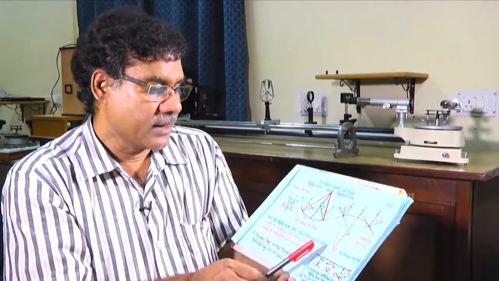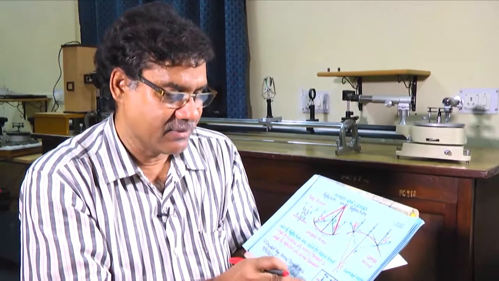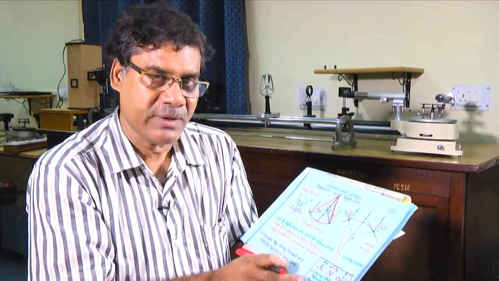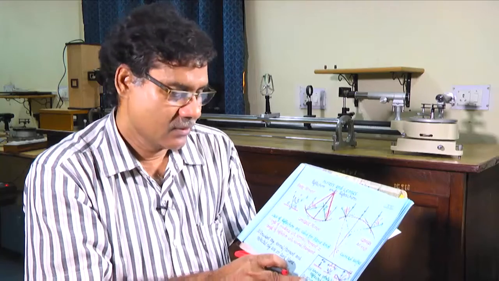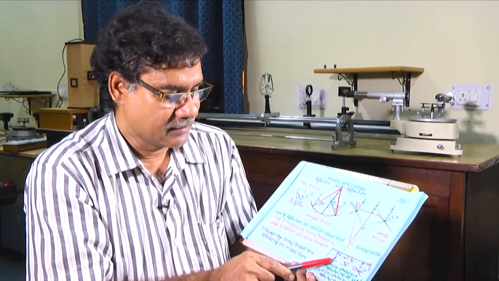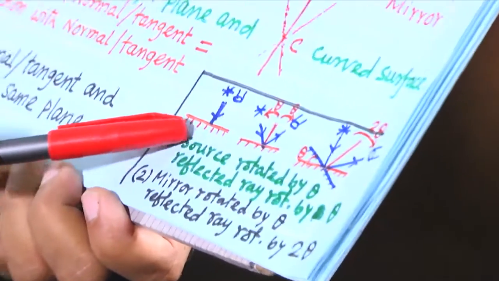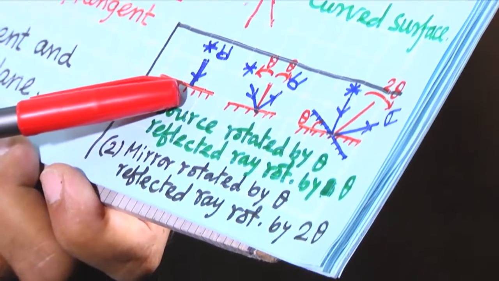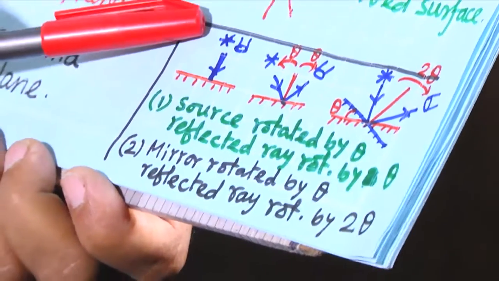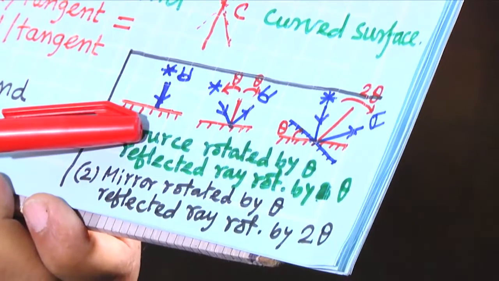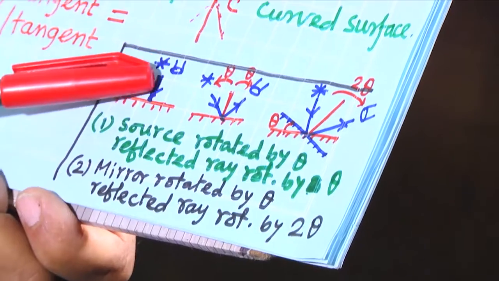Another important fact I will tell you, because in many experiments we need this concept. What is that? On the mirror, light is falling, okay. Say this is the source, and from the source light is falling on the mirror, say falling perpendicularly.